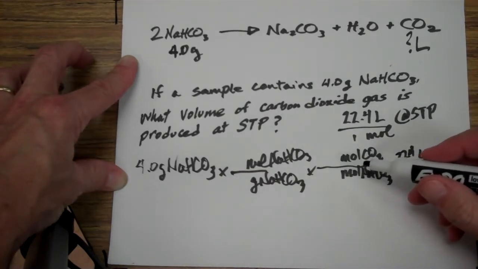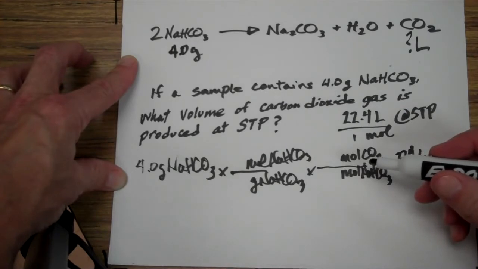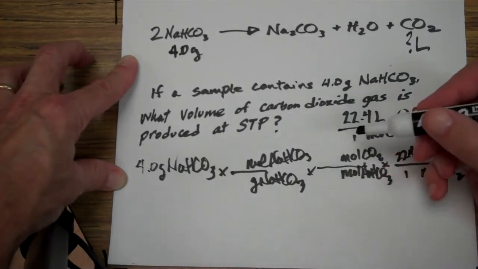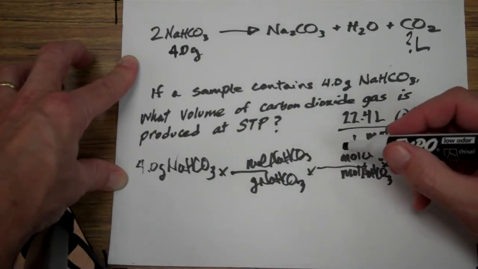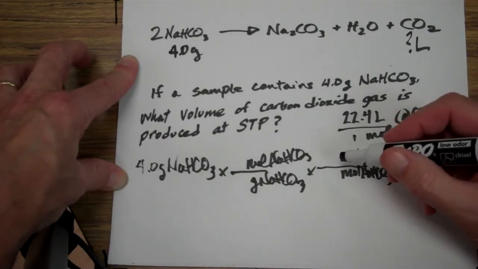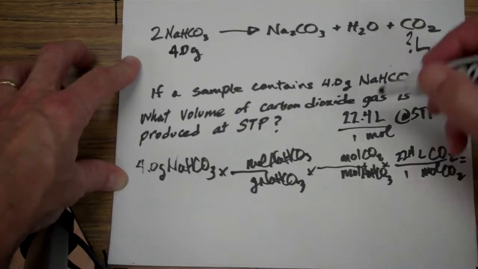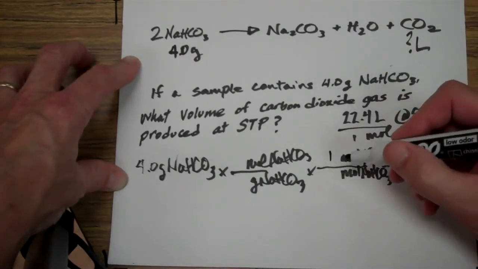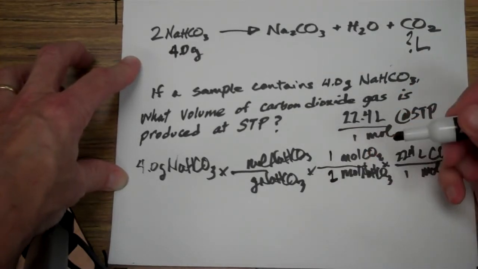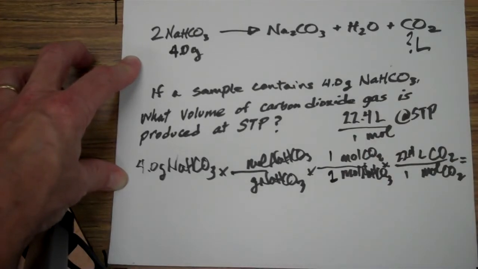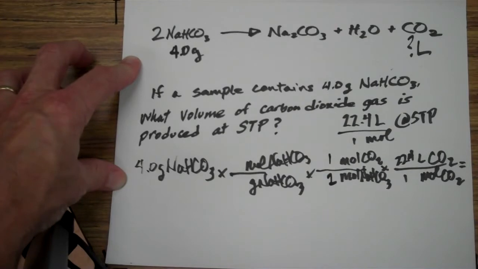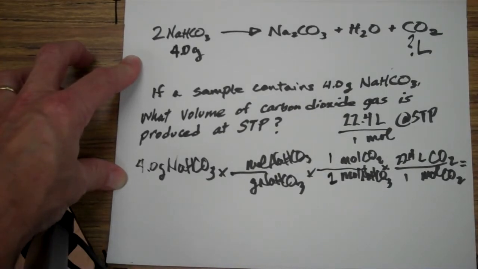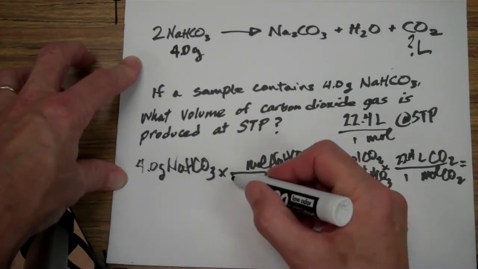My molar ratio from my equation is 1 mole of CO2 per 2 moles of sodium bicarbonate, and my molar mass for sodium bicarbonate is 84 grams per mole.